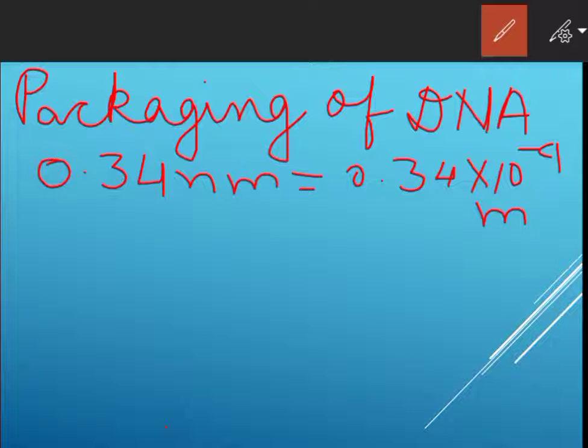Now the total number of base pairs in the DNA helix in a typical mammalian cell is 6.6 into 10 raised to 9. We are talking of base pairs.